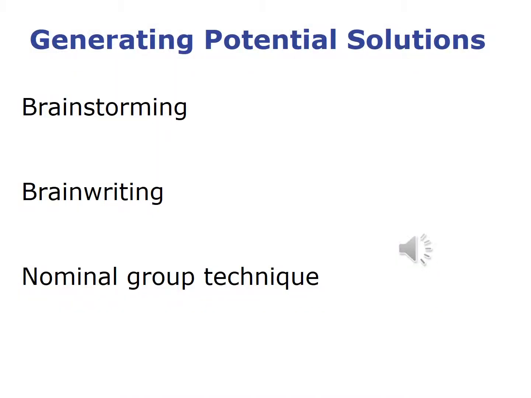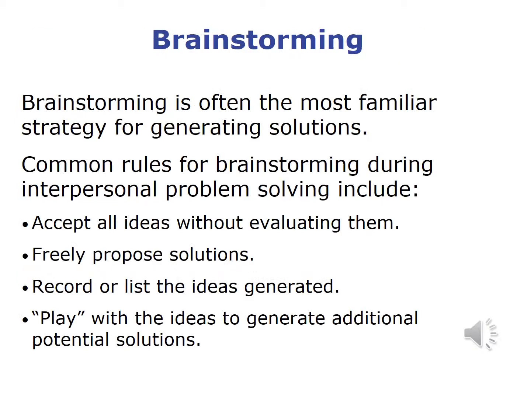Brainstorming, brainwriting, and nominal group technique are three ways in which we can generate potential solutions. All are described on the slides that follow. One of the most frequently used strategies for generating solutions is brainstorming.